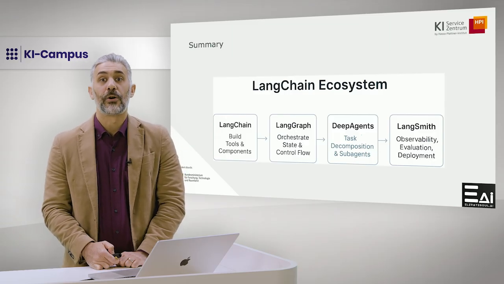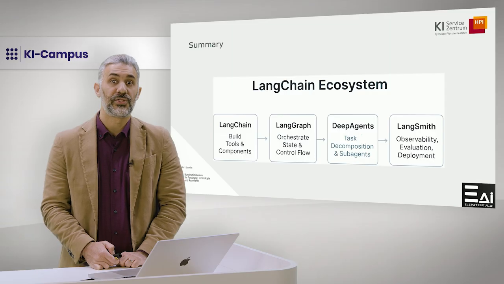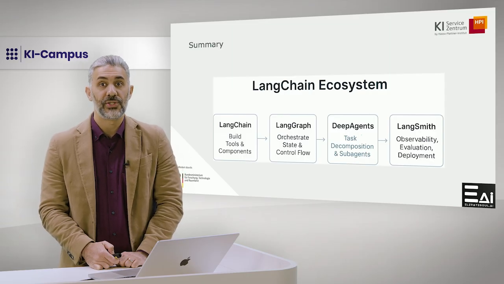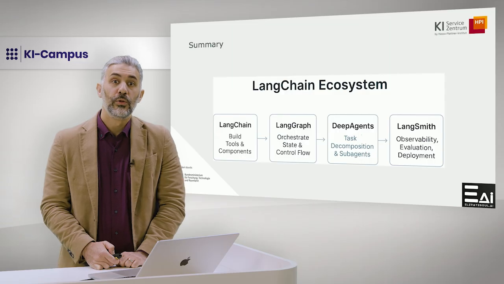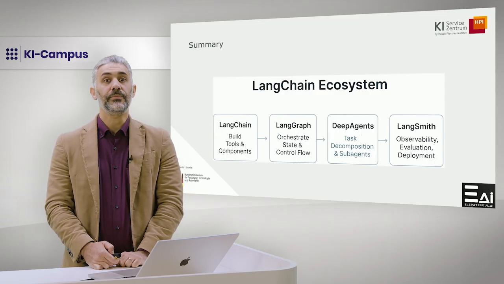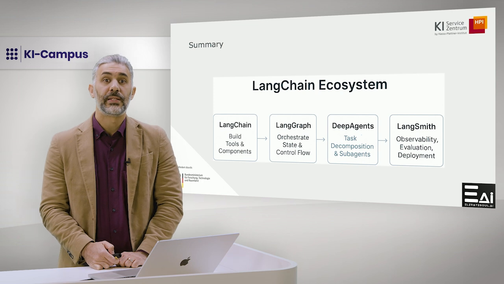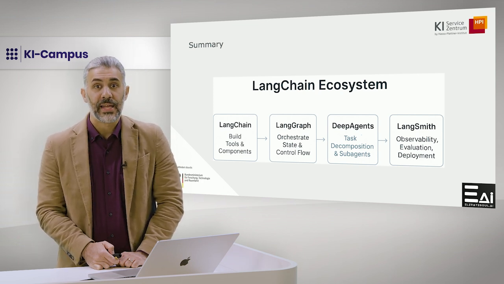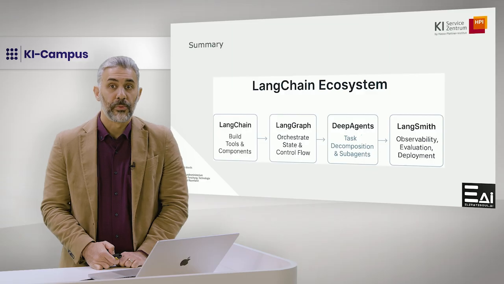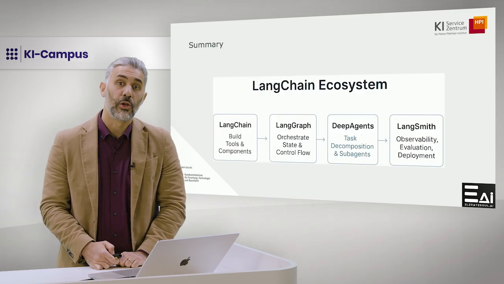LangGraph adds orchestration and control, enabling stateful, multi-step agents that can branch, loop, recover from errors, or include human supervision. Deep Agents extends this further with task decomposition, sub-agent spawning, context management, and long-term memory, useful for complex, long-running tasks.